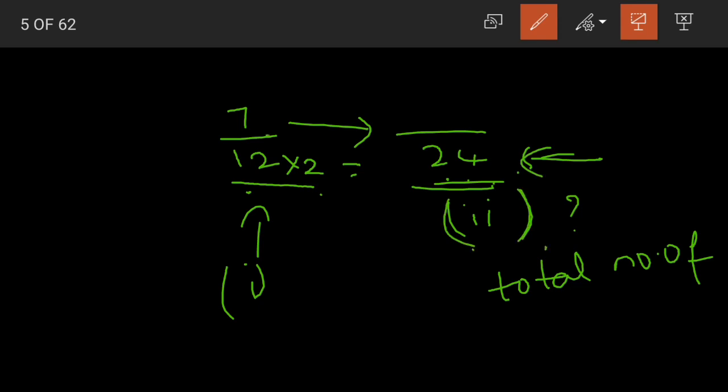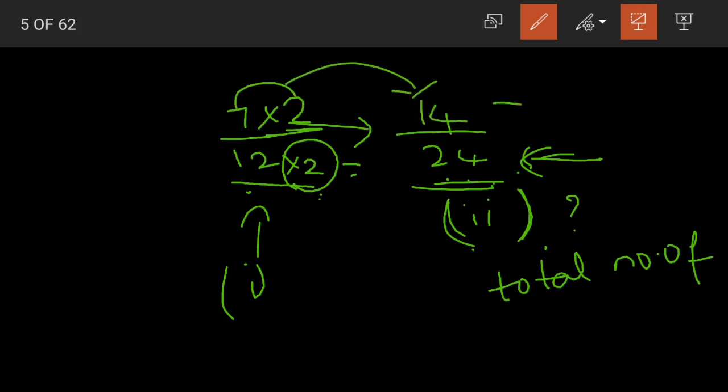Now as we have multiplied the denominator by 2, we have to multiply the numerator also by 2. 7 into 2 is 14. So 14 becomes our numerator and 24 is our denominator. 14 by 24 is the equivalent fraction for 7 by 12.